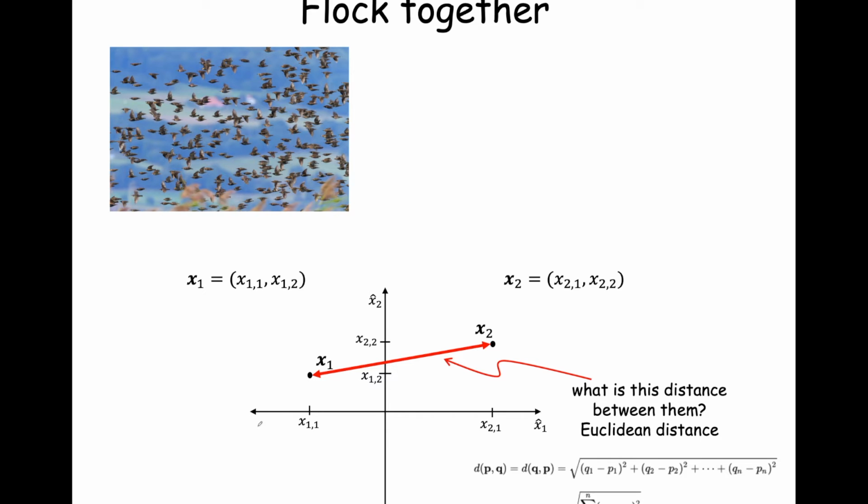In this case, we might use Euclidean distance. It's just the square root of the sum of the squared differences between each of the features for the respective vectors between which we're measuring the distance. So we can absolutely measure this similarity, this flocking together, between customers expressed as feature vectors.